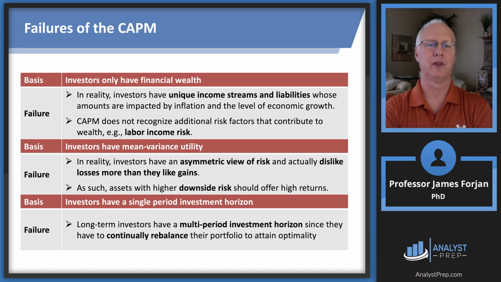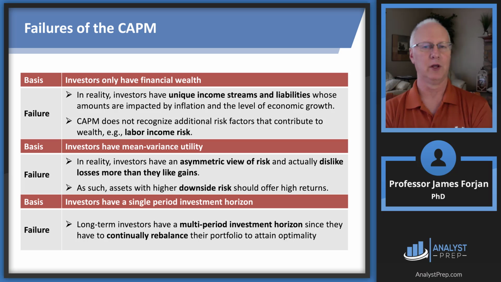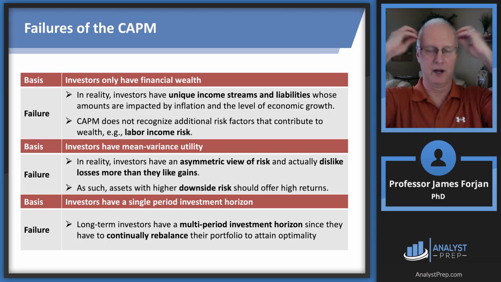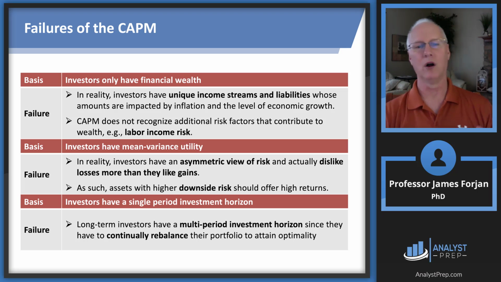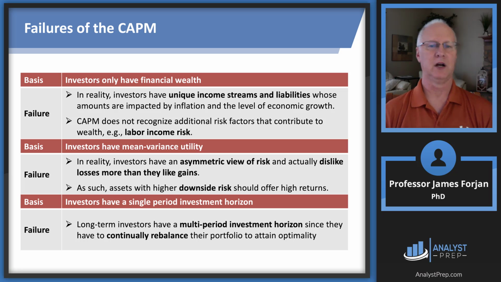And I would prefer to think of these as just some assumptions that William Sharpe and others made that might not mimic reality. All right, so of course, investors only have financial wealth, but we know that there are things up here in our brains, and things in our body, so we can work hard. So there's this labor income risk that the CAPM does not consider.